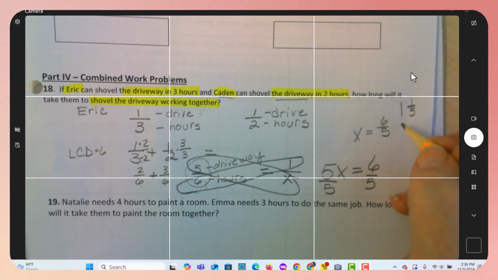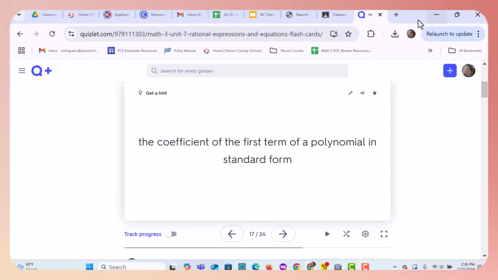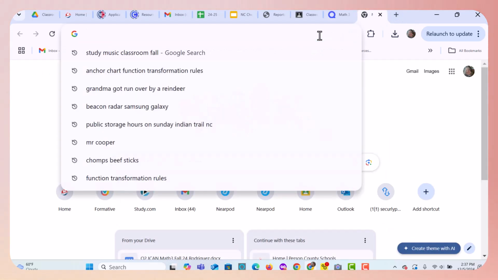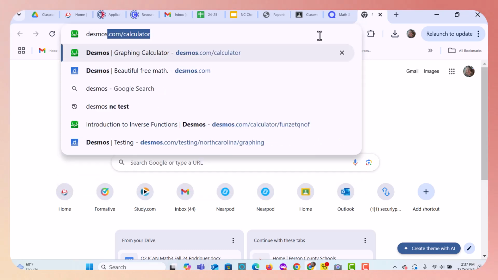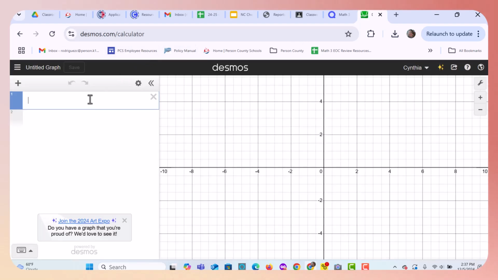Okay, if you use a calculator, let's see what that would look like. 6 divided by 5. So let's use Desmos. Six divided by 5 is 1.2.